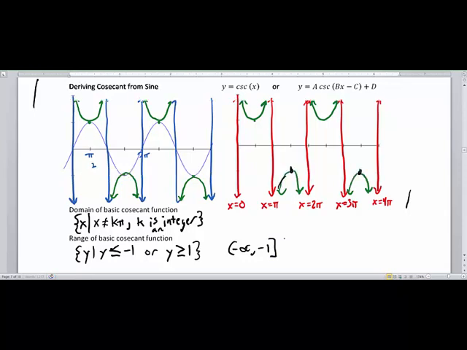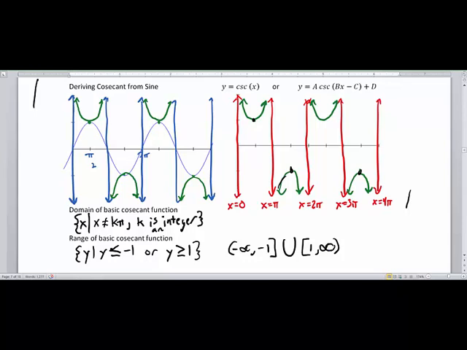And then we want a union symbol, and we want to then go from 1 to infinity and make sure we have the 1 with a bracket, because we can actually connect to the 1. And we want a parenthesis at the infinity mark, because we can't actually reach infinity. So this derives cosecant, and we have derived previously sine.